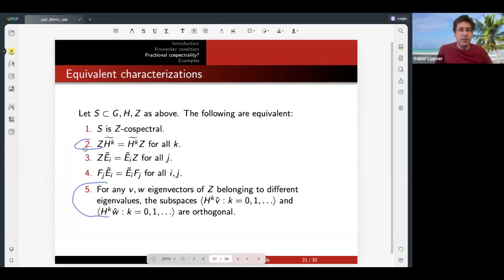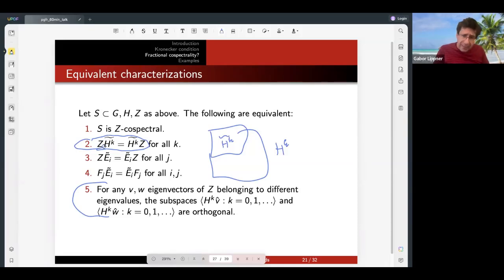In the second one, I take the kth power of my Hamiltonian matrix, and the tilde just means restricting it to the S by S corner. This condition tells me that we have cospectrality if for every power, this restricted H to the K matrix commutes with my Z. Since H to the K in a graph is given by walk counts, this commutation relationship can be translated into equations about walk counts.